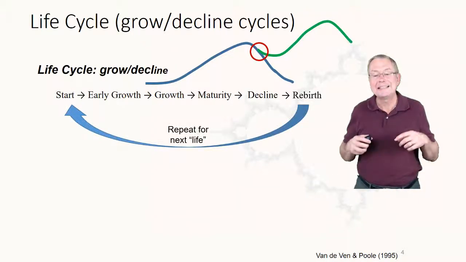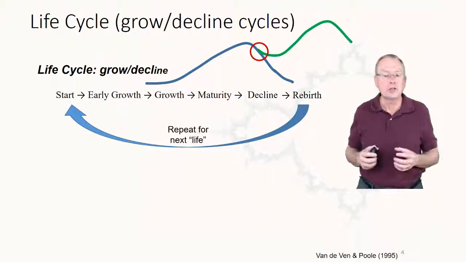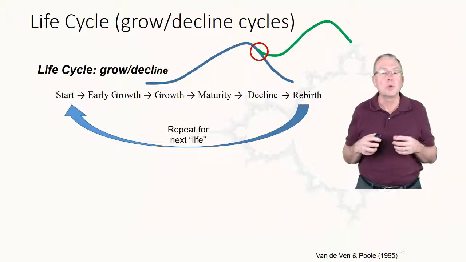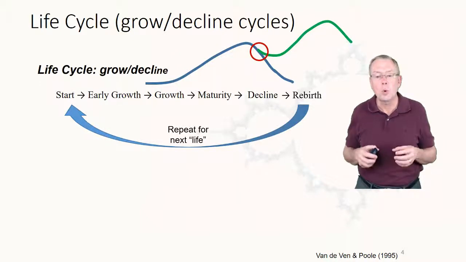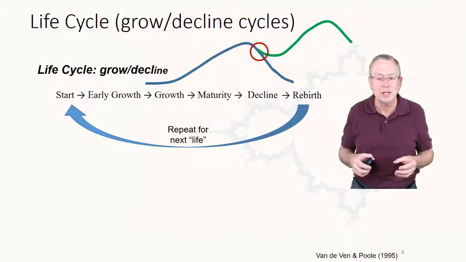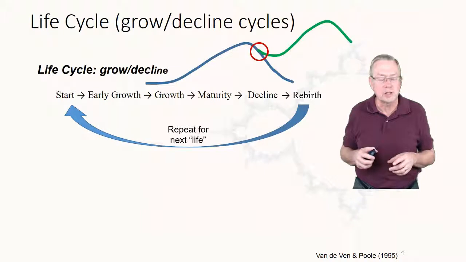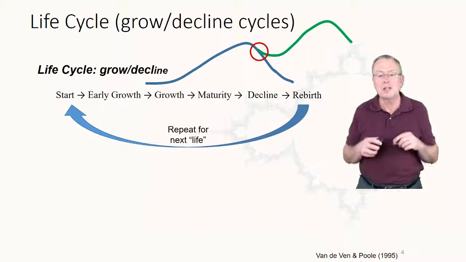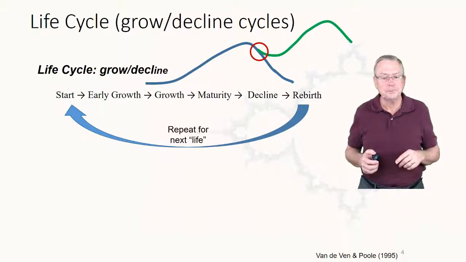There's also the key point that if you're going to be successful long term, organizations have to continue to rebirth new ideas. This becomes a core change competency of strategic thinking about the organization. It's not today's success, but what needs to be done today to be successful in the future.